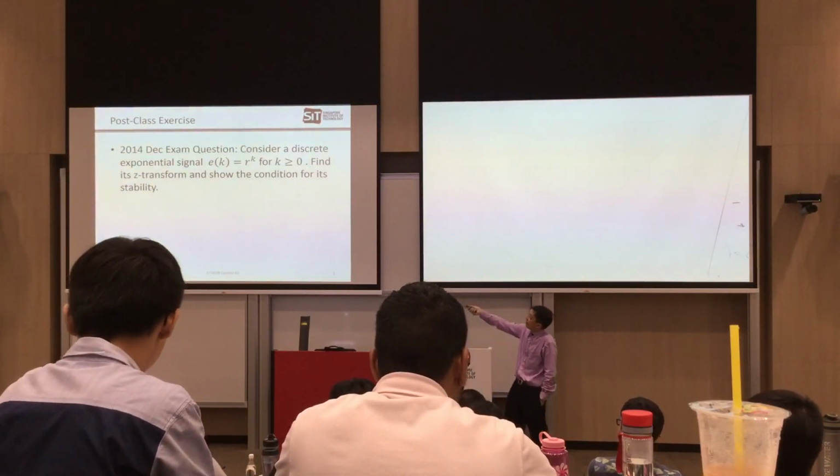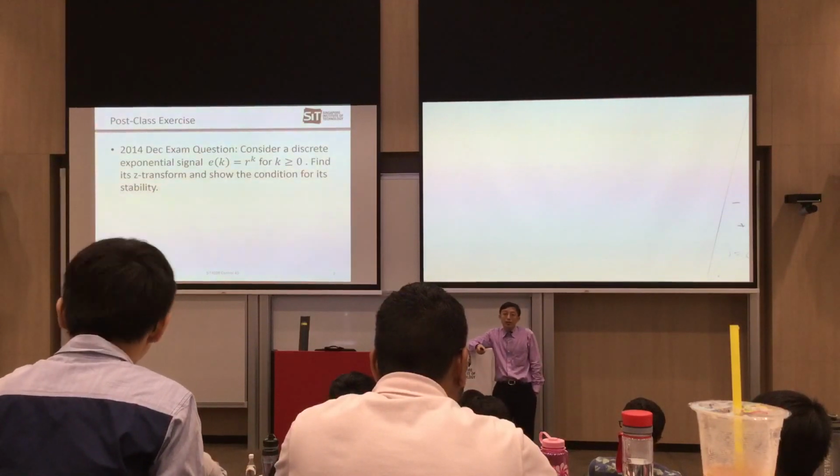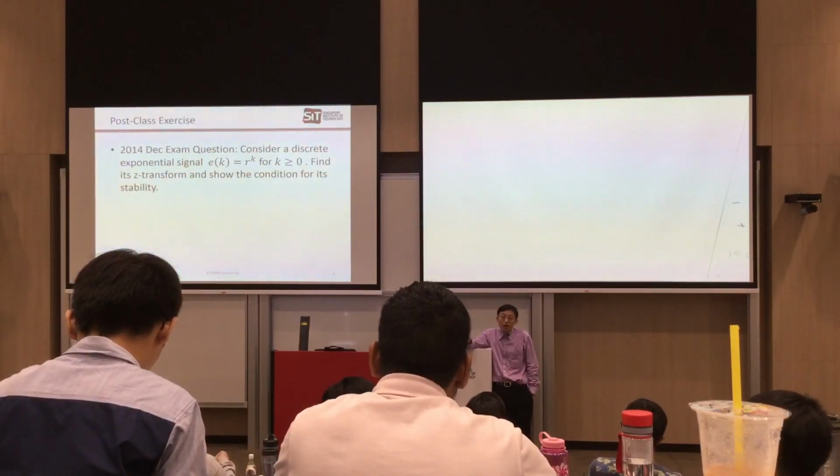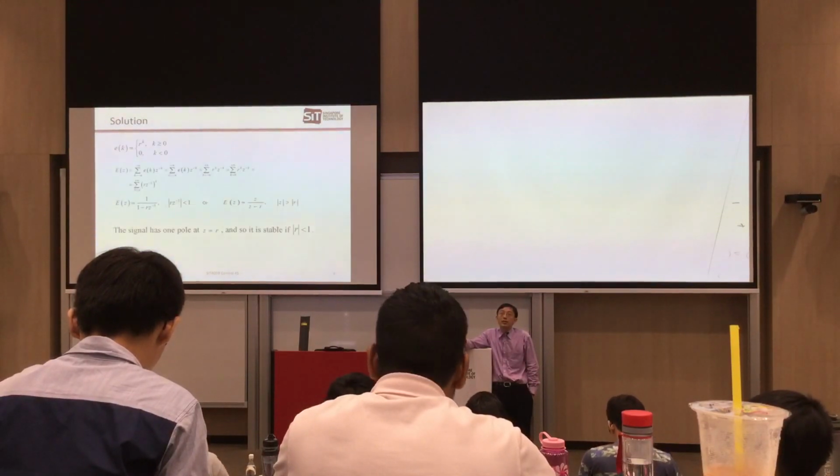Okay? So for example, this one. After you have done the Z transform, you get the Z function, and you can conclude whether it will be stable or not.